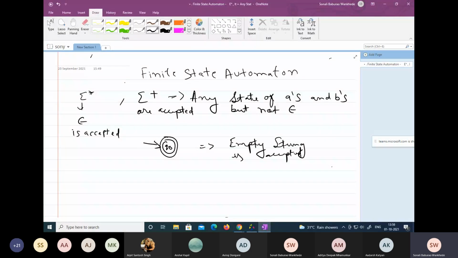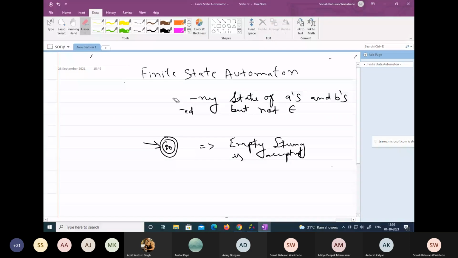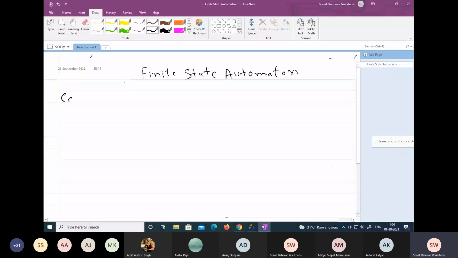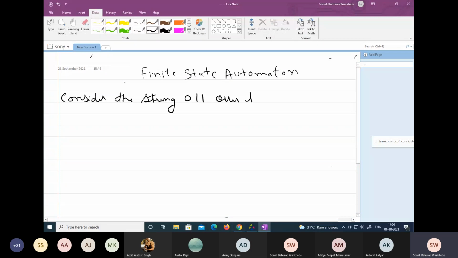Okay, DFA. Now, before that, let us take a very good example. Take down a question. The question is: consider the string 011 over the binary alphabet.